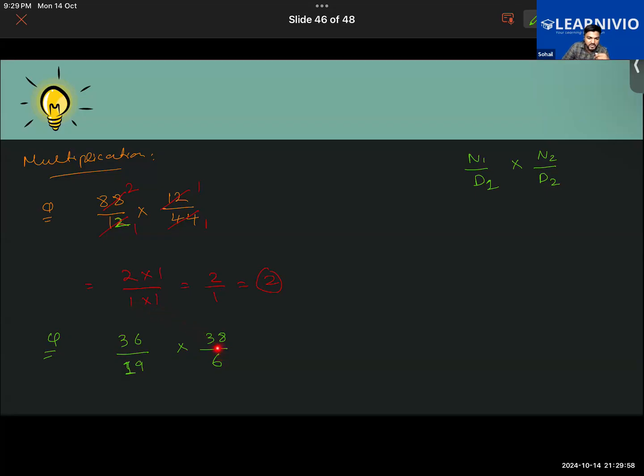And here the numerator of the second fraction will be getting cancelled out by the denominator of the first fraction. So what should be cancelled? Repeat again.